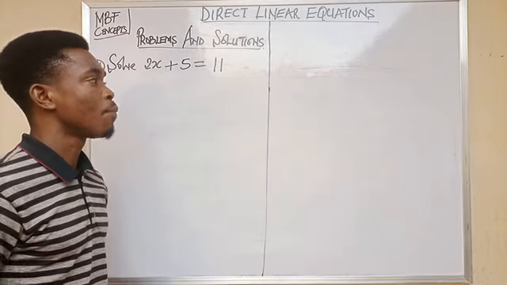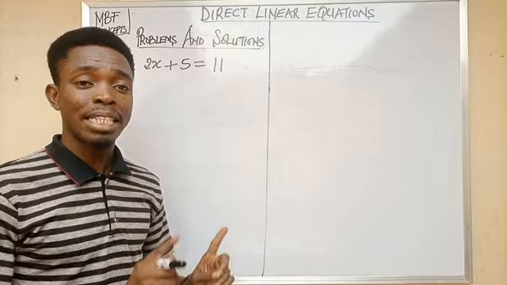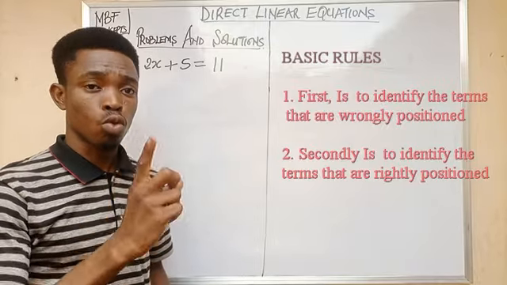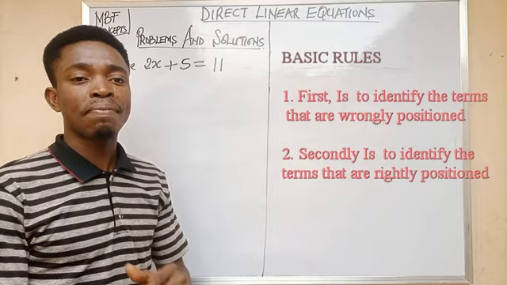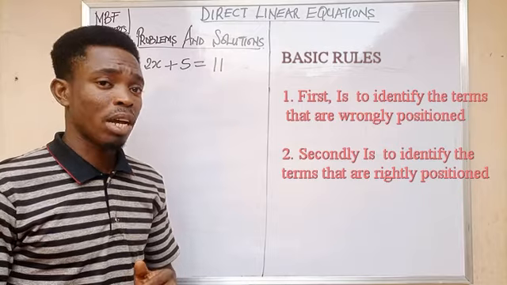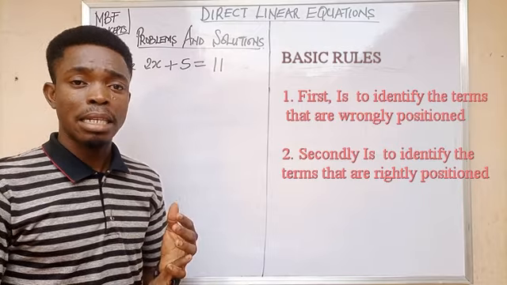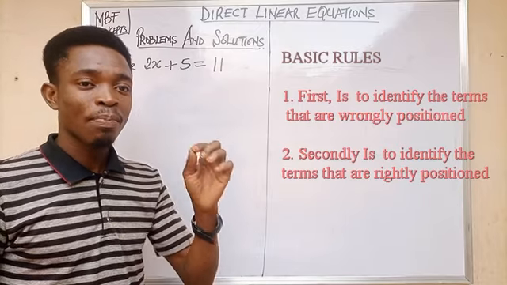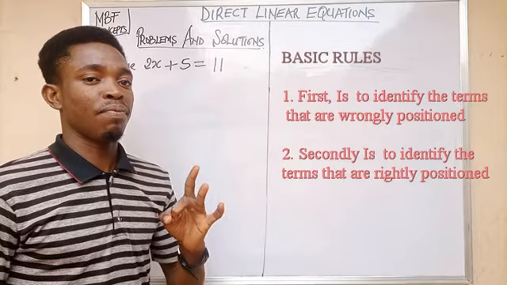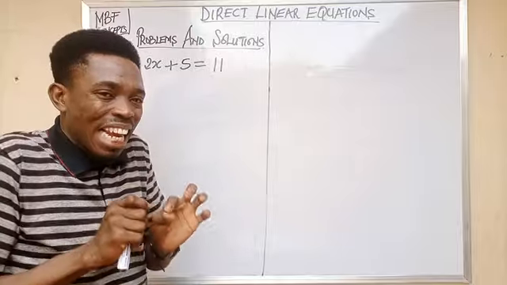To make this very easy for you, we are going to use these two rules. One is to identify the terms that are wrongly positioned. Secondly, is to identify the ones that are rightly positioned.